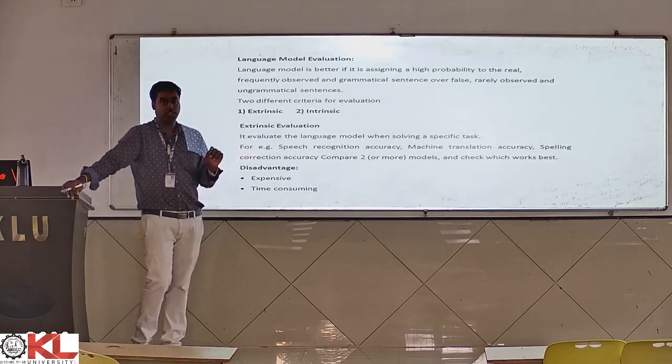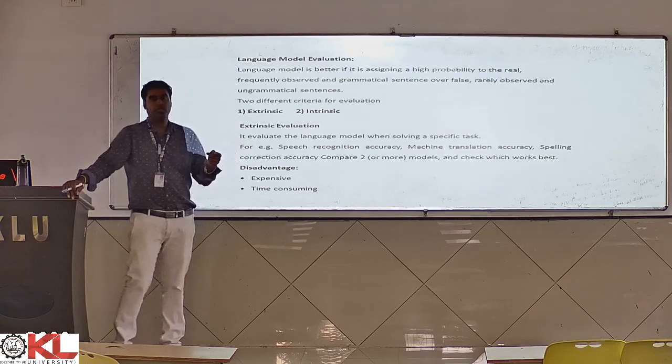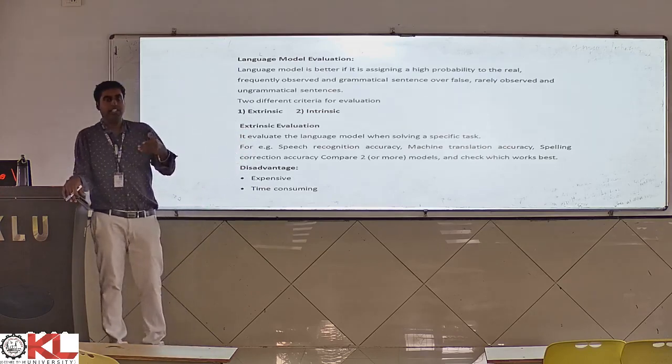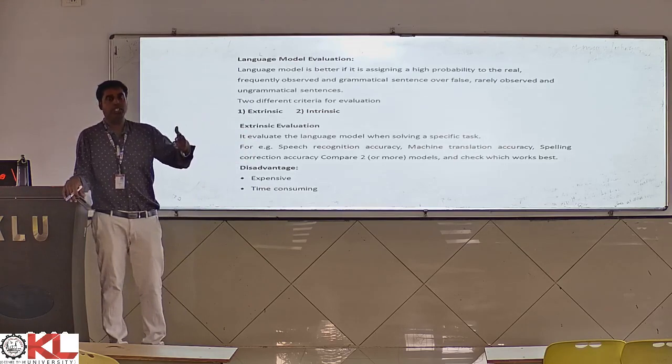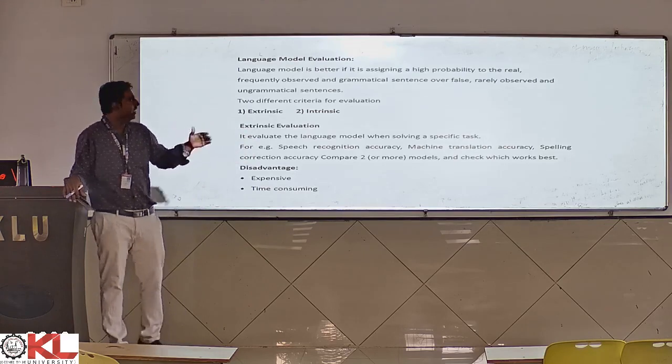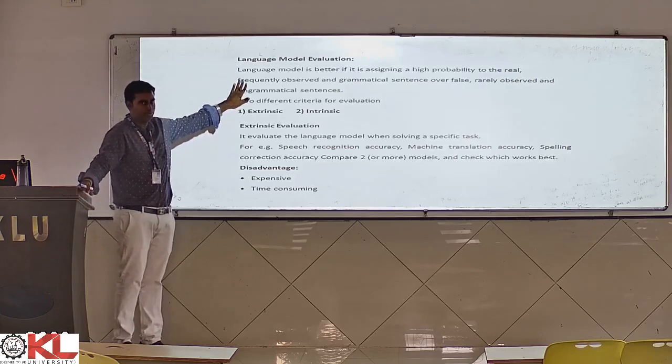Now we are going to see, for any model, how we can say whether it is performing perfectly or not, that is, how we have to evaluate that particular model.